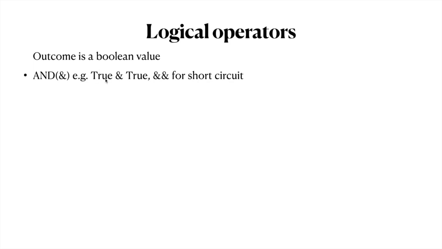So this true value can be stated as it is true, or a relational operator with a Boolean outcome, and this one can be a value true or a relational operator with a Boolean outcome. So we use the double ampersand symbol for short circuiting. When we say short circuiting, it means that the expression evaluates the result of the first one.